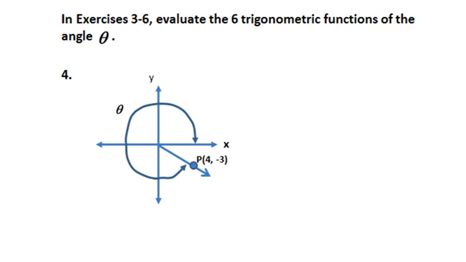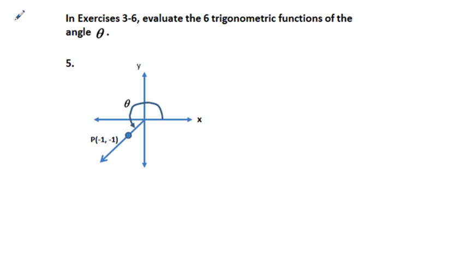Next, problem 5, find the trigonometric functions. Again, this time we have -1, comma -1. So in this case, our adjacent is going to be -1, and our opposite also is going to be -1. So we can just figure out our tangent.